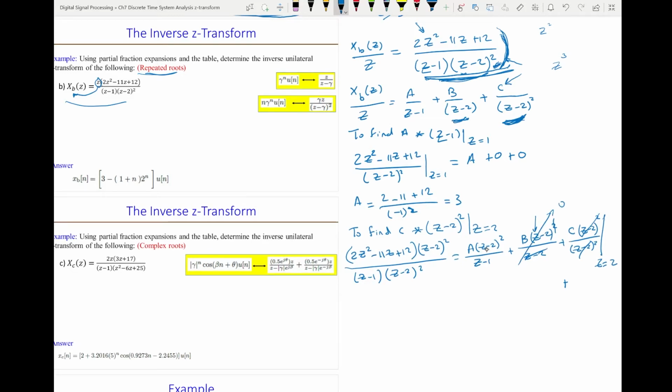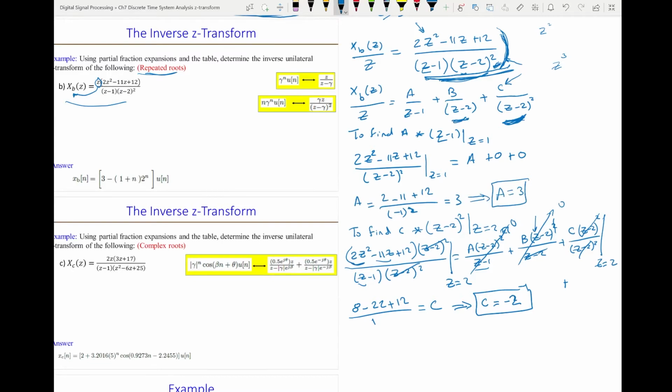Same thing here. This cannot cancel anything here, so plugging in z equals 2, that will also be 0. And this one will cancel here. Here you have to evaluate z equals 2. So when I plug in z equals 2, I will have 2 times 4, that is 8, 2 times 11 minus 22 plus 12, divided by 2 minus 1, which is 1, equals c. So from here, c equals minus 2. And from here, a equals 3.